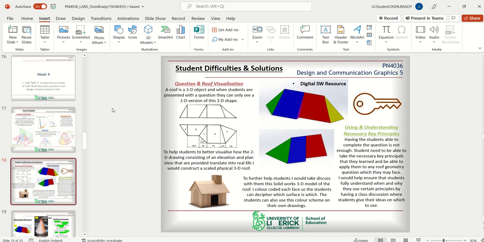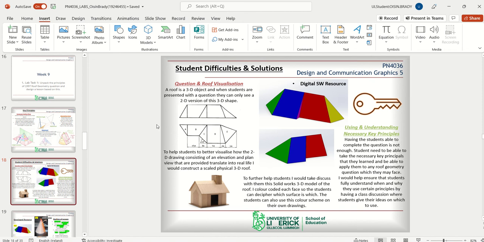One of the ways to help students deal with this is by simply creating a 3D physical model of a roof to show where the students can get the dihedral angle and how lines of intersection work and how join lines work.